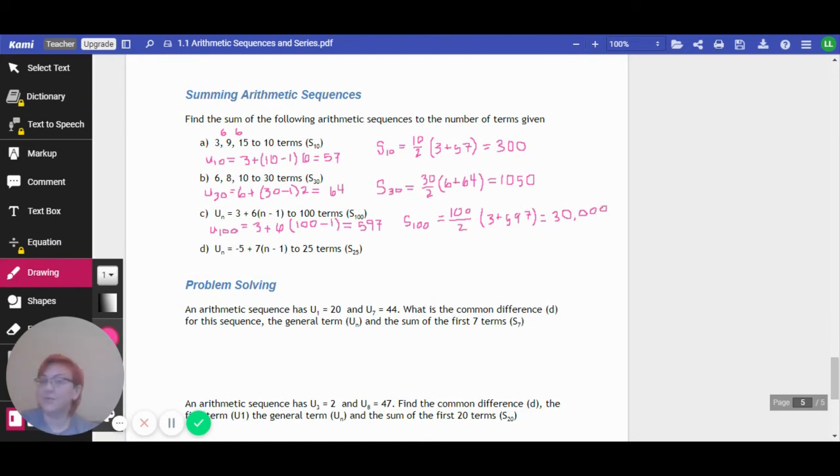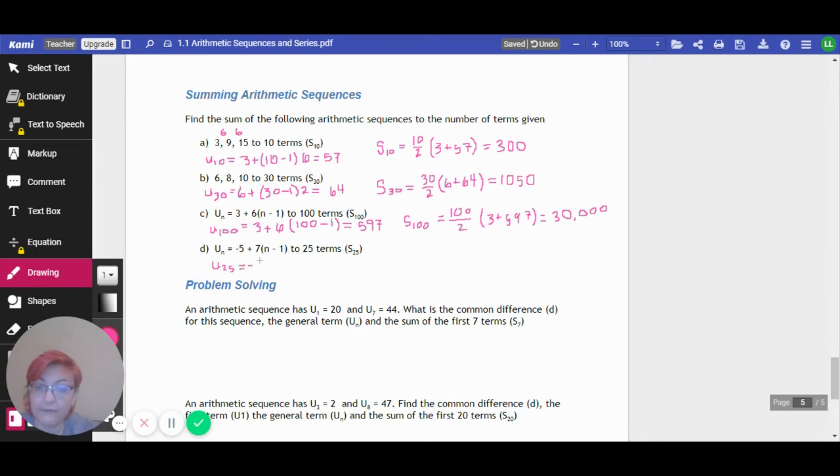Okay, last one of these. I have my general term here, and I want to find 25 terms. So that means I need to find what the 25th term actually is.